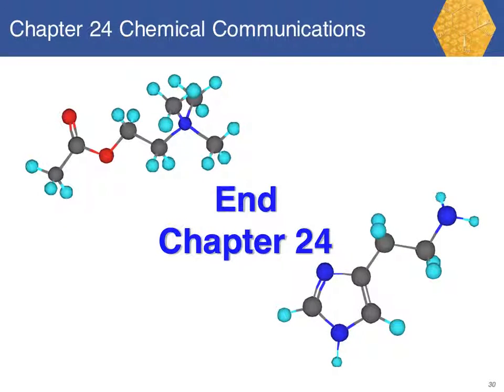I want to end with bringing this full circle and mentioning a few ways which drugs affect chemical communication, which is what this whole unit was about. A drug, whether it be pharmaceutical or recreational, can have effects on cellular communication, as you well know.